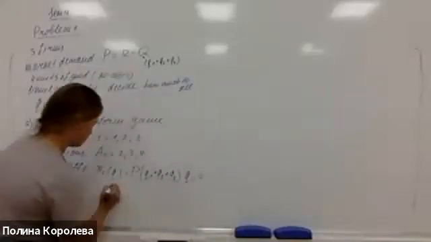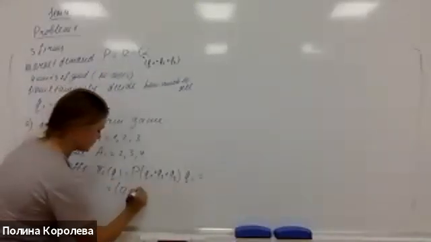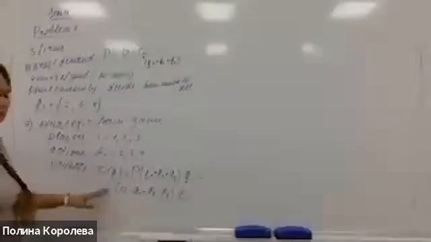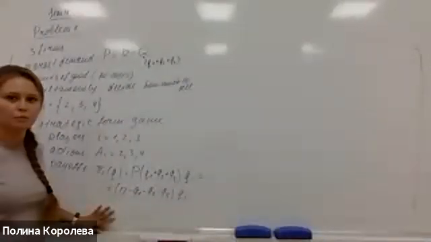That's all. So it will be 12 minus Q1 minus Q2 minus Q3 multiplied by the quantity of this firm, firm i. Is it clear, guys? Okay?